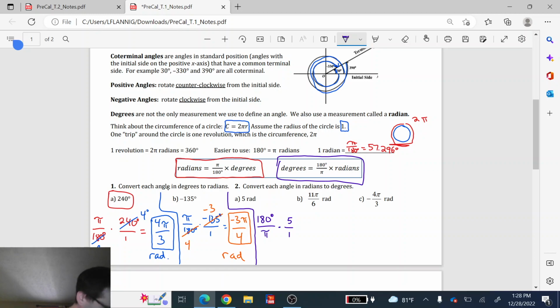But if we put that in our calculator, we're going to get roughly 286.48 degrees. Do 180 times 5 and then divide that by pi on your calculator, and you'll get roughly 286.48 degrees.